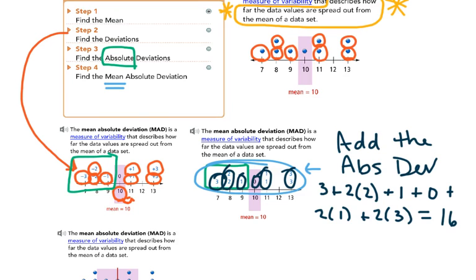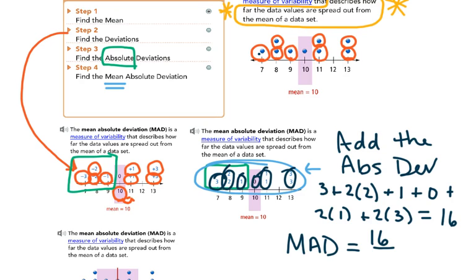So once you get the sum, to find the mean, you have to divide by however many numbers there were. So we added them up. Now to find the mean absolute deviation, we take the sum or total divided by however many numbers there were.